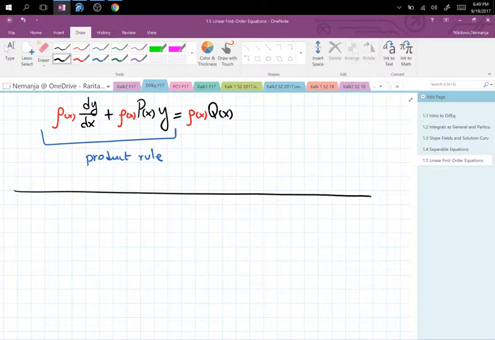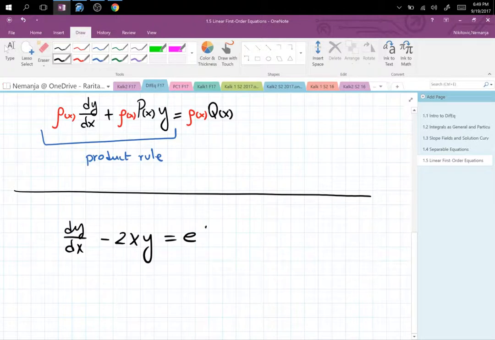How about dy/dx minus 2xy equals e to the x squared? So this is problem number 4.